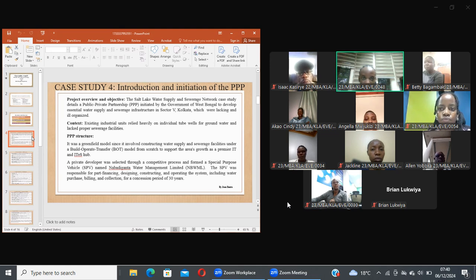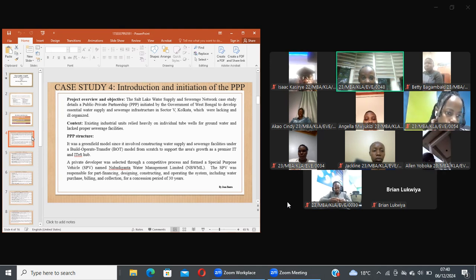So the government of West Bengal, through its arm of the Calcutta Municipal Development Authority, in conjunction with the Navandiganta Industrial Township Authority, came together to form a public-private partnership with private investors that could build a universal water supply and sewage facility in the area. The area was 300 acres.